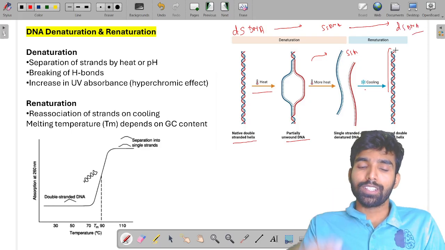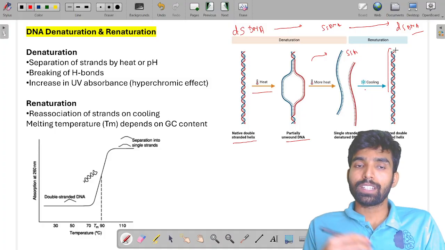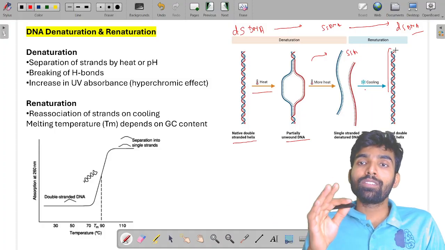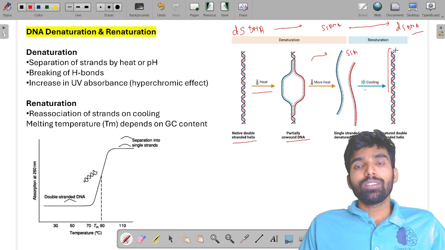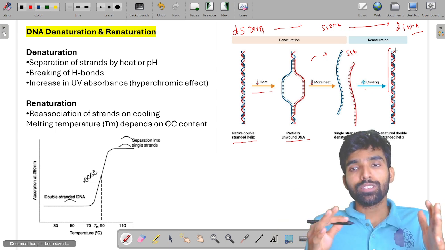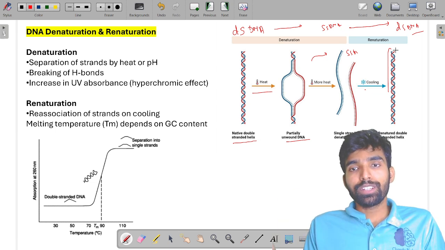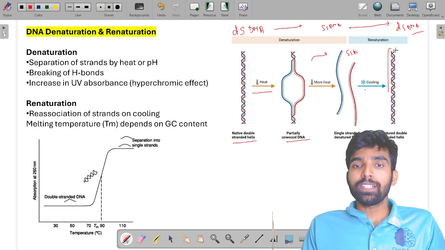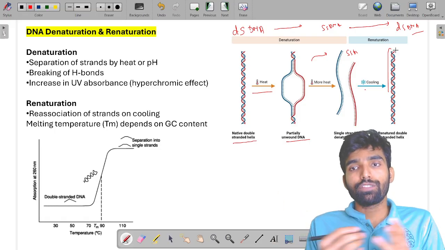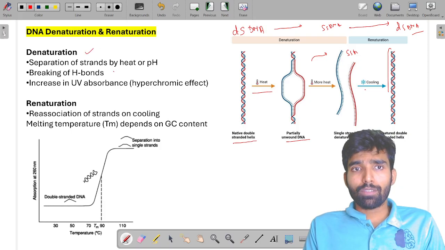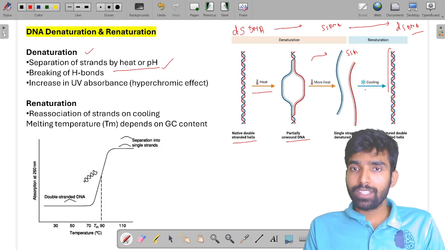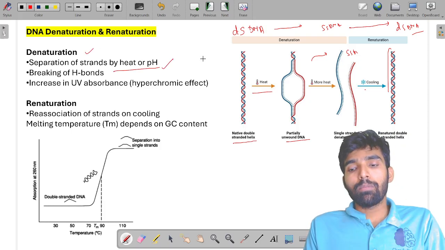How fast the renaturation or denaturation happens, the kinetics, mainly depends on the base composition. If GC is there, as GC makes 3 hydrogen bonds, they will renature first. If some repetitive sequence is there, it will renature first. Denaturation is the separation of strands by, for example, pH. Let's say you change the pH to acidic or basic.